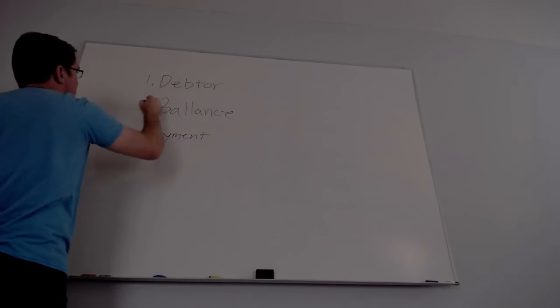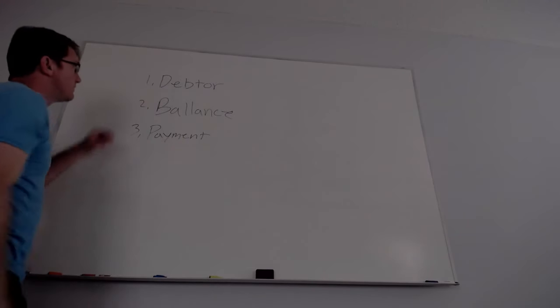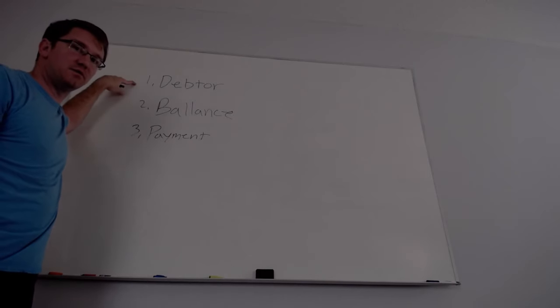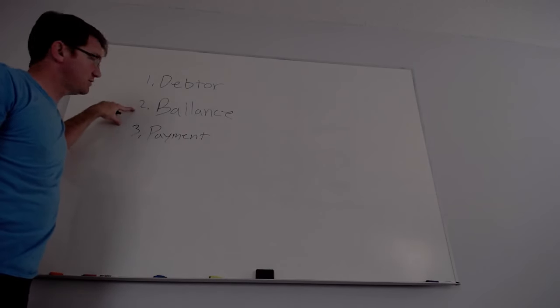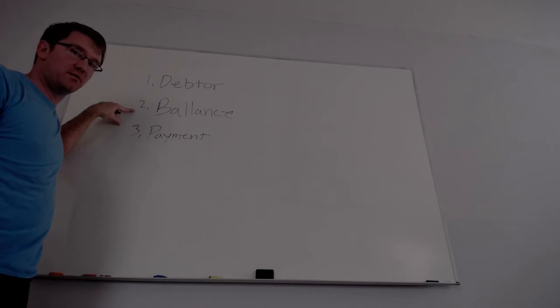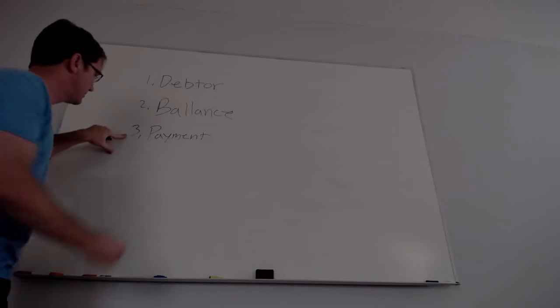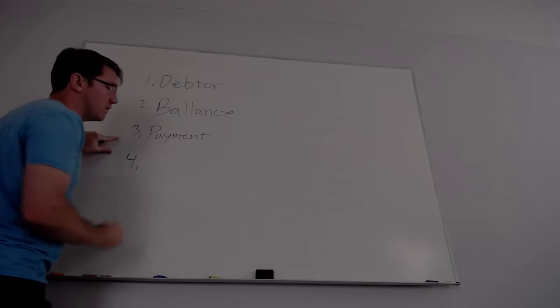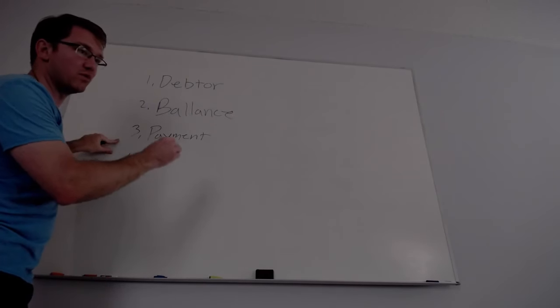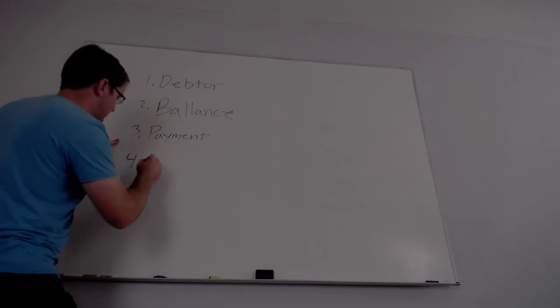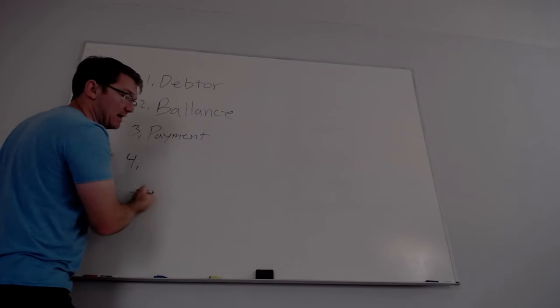One. Debtor. How many debtors do you have? 2. Balance. What is the balance on each debtor? 3. Payment. How much do you pay each month? 4. List them in order from smallest to largest of the balance.